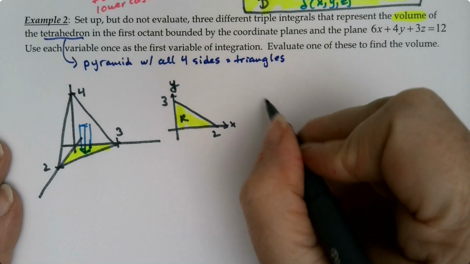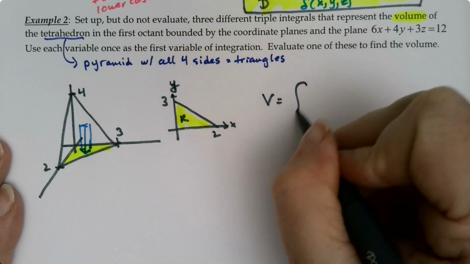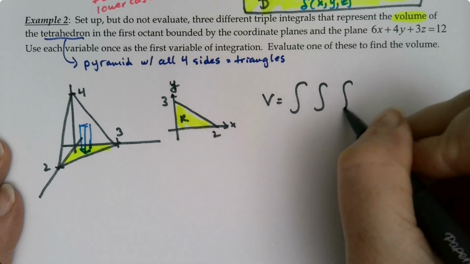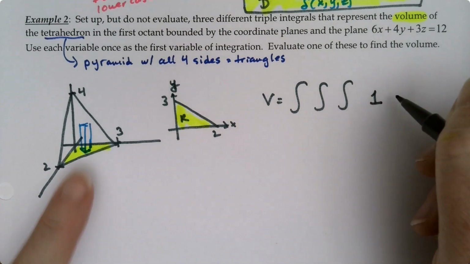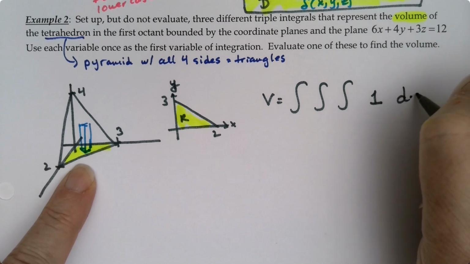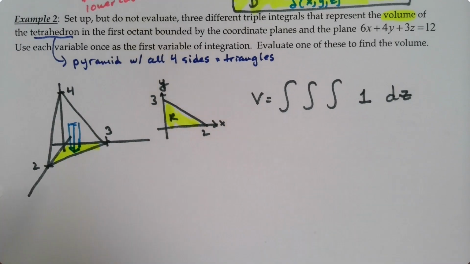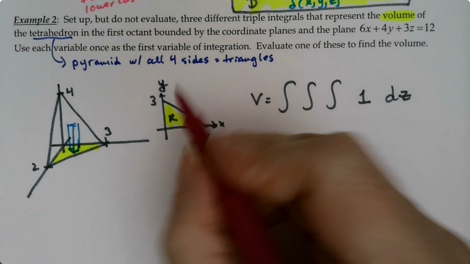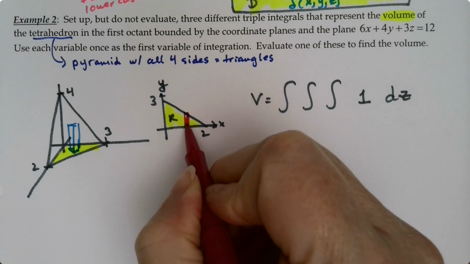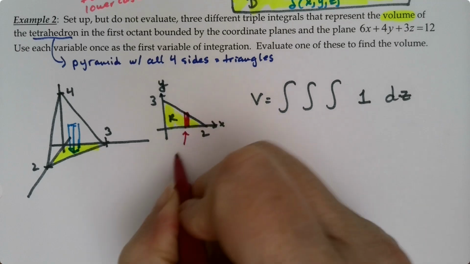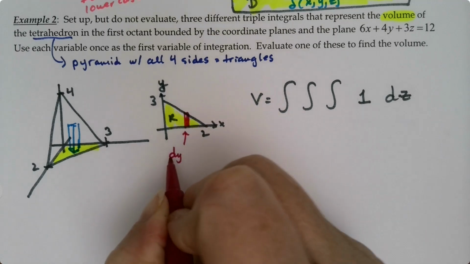Okay, so volume equals the triple integral of 1. And the way I have this set up is dz first, and then, as before, it's up to you which way you want to go. Again, most students are more comfortable with a vertical, which would be dy dx.